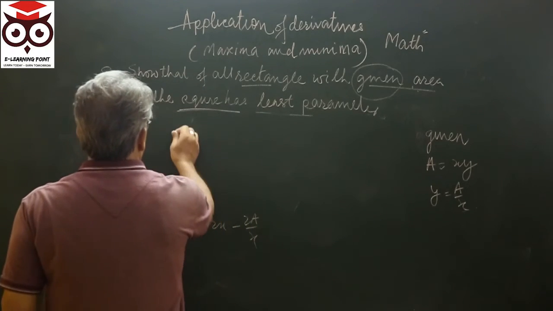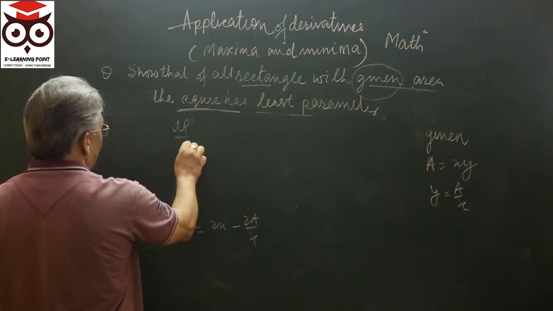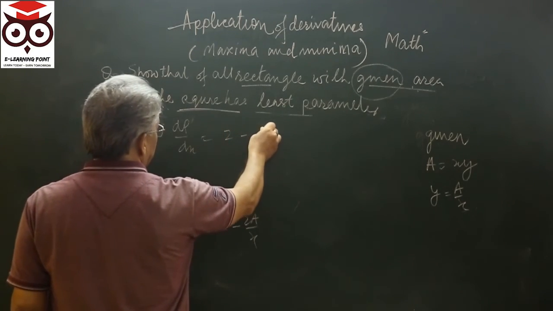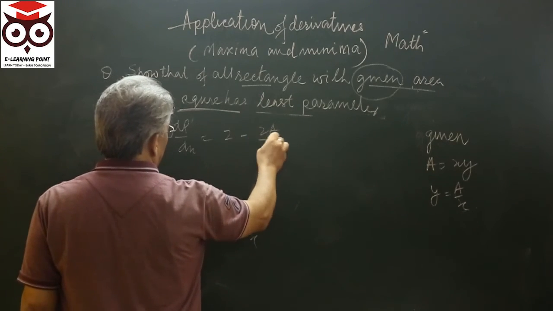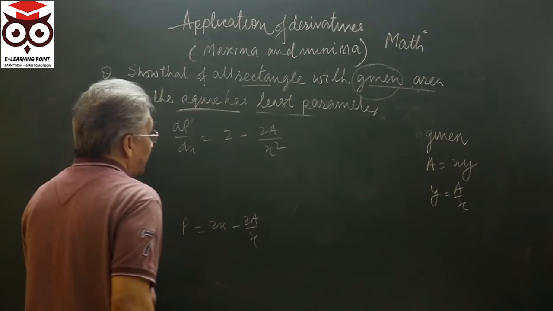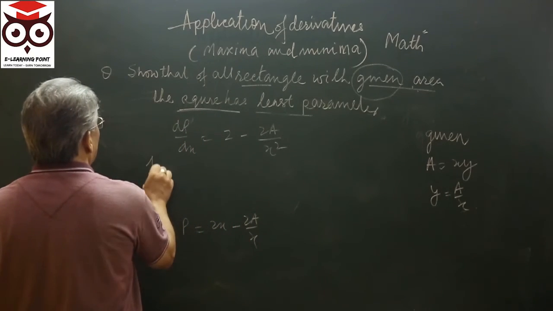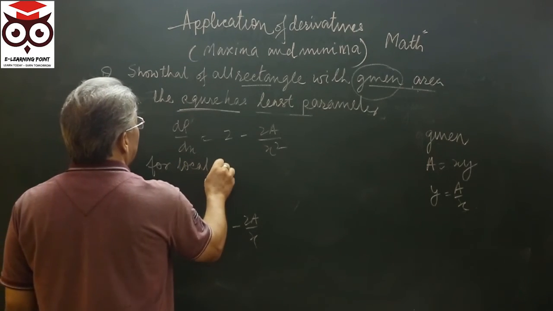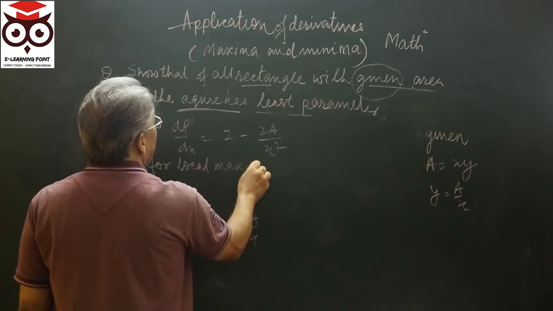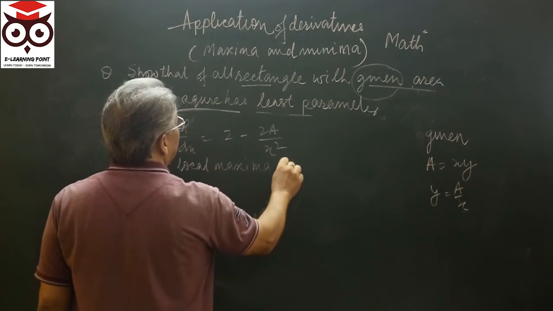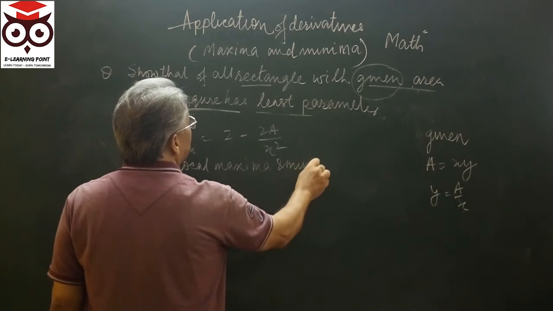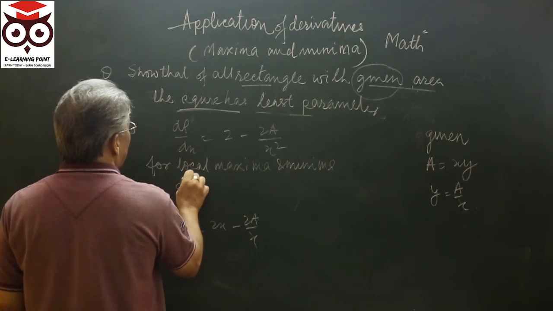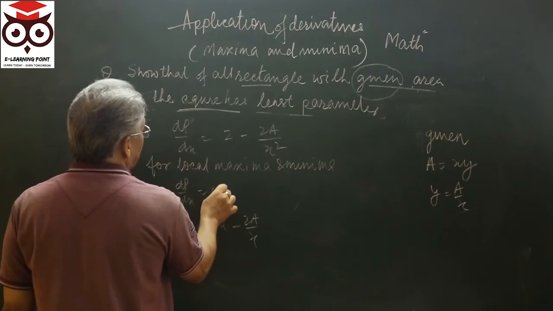I will differentiate. This is dp over dx, which is 2 minus 2a by x square. Right? Now I will put, for local maxima and minima, dp over dx is equal to 0.